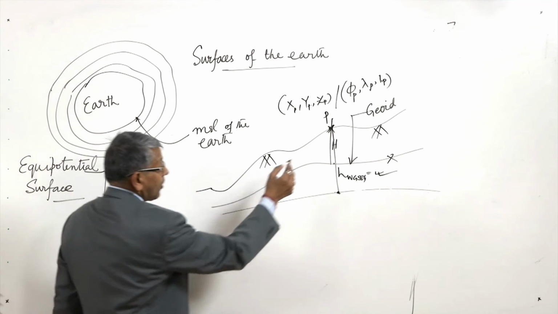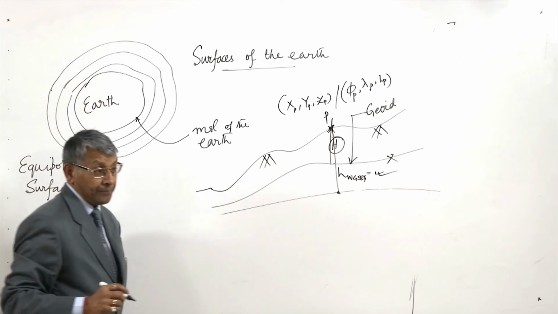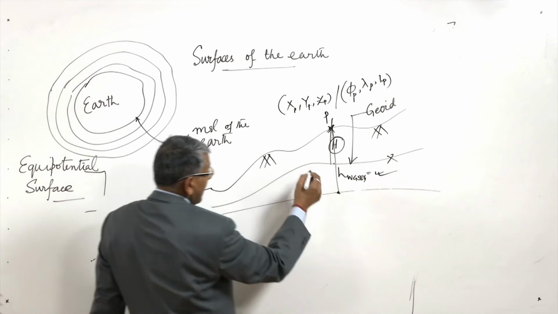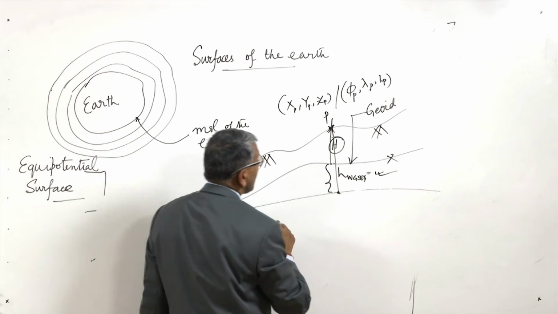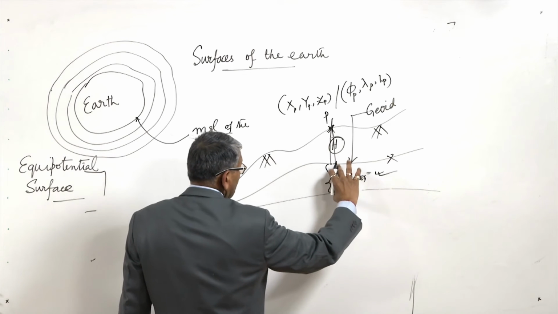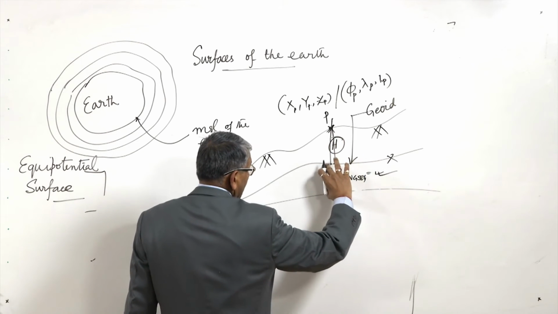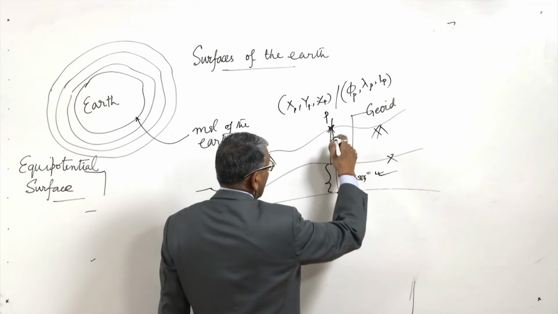Now how do we get the orthometric height? You can see from here that if we know this separation and subtract this value from this, then we will be able to get this.